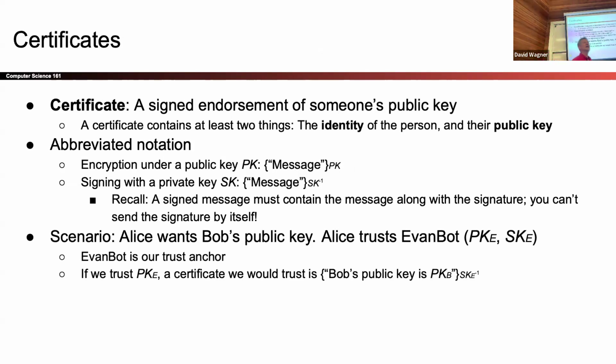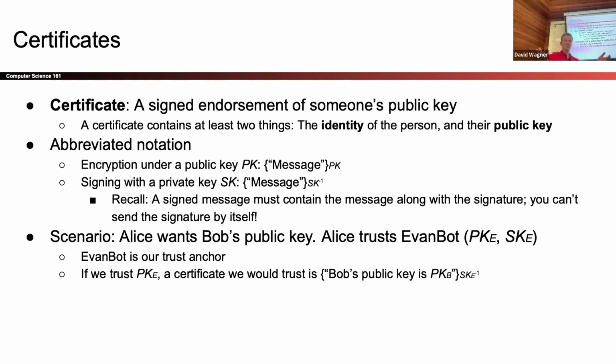So a certificate is an attempt to make this signing idea actually work. We're going to stick with this idea of signing the message that says what Bob's public key is. That was a good idea. The bad part was having Bob sign it. It has to be signed by someone whose public key we already know.